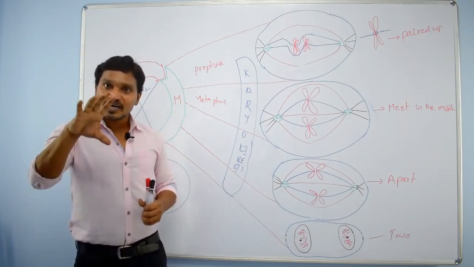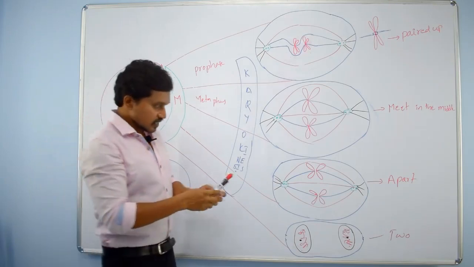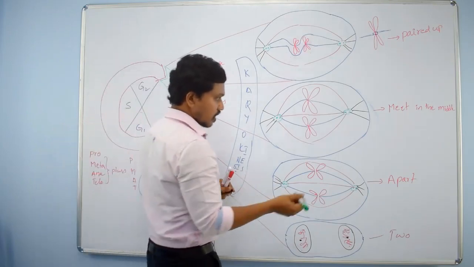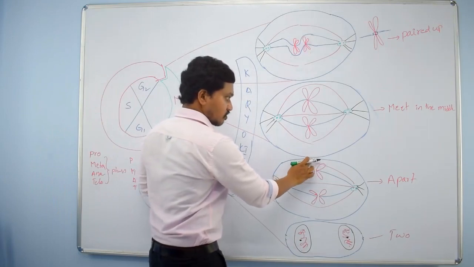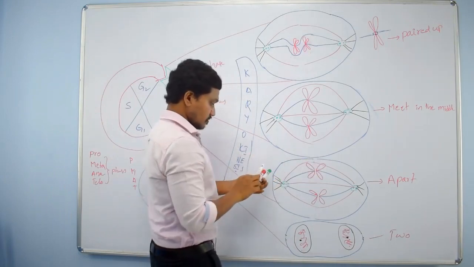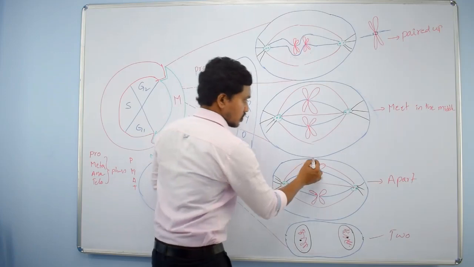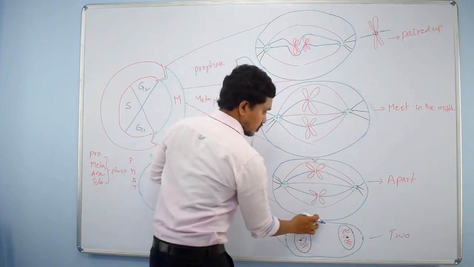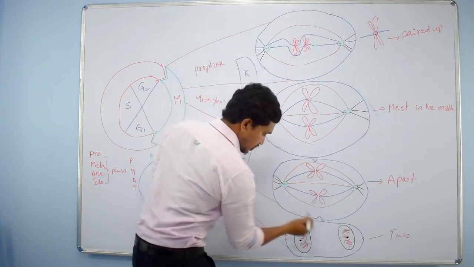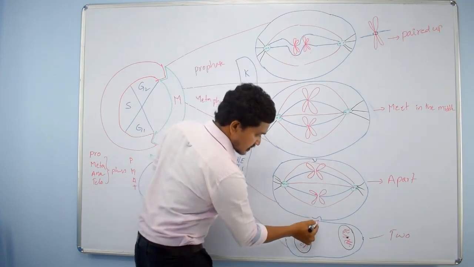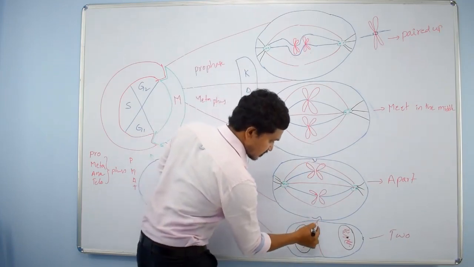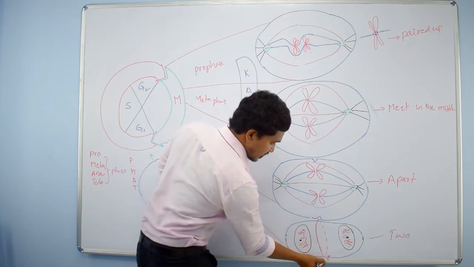That contractile ring will be formed from the anaphase itself. So there will be formation of one contractile ring like this.